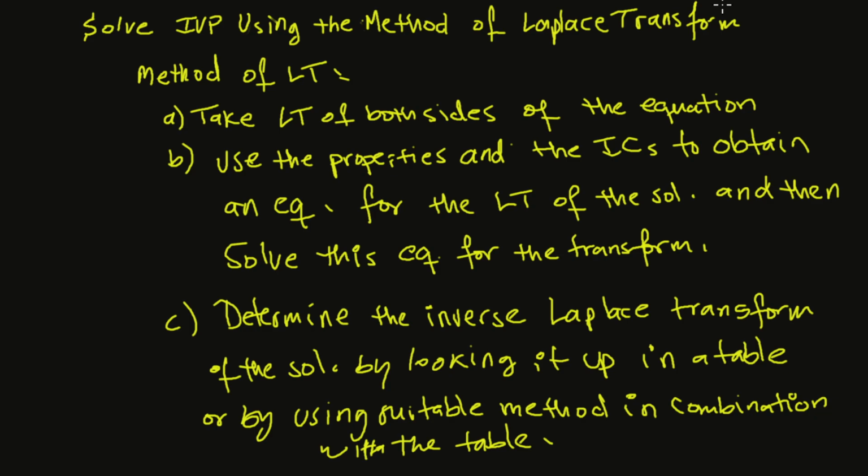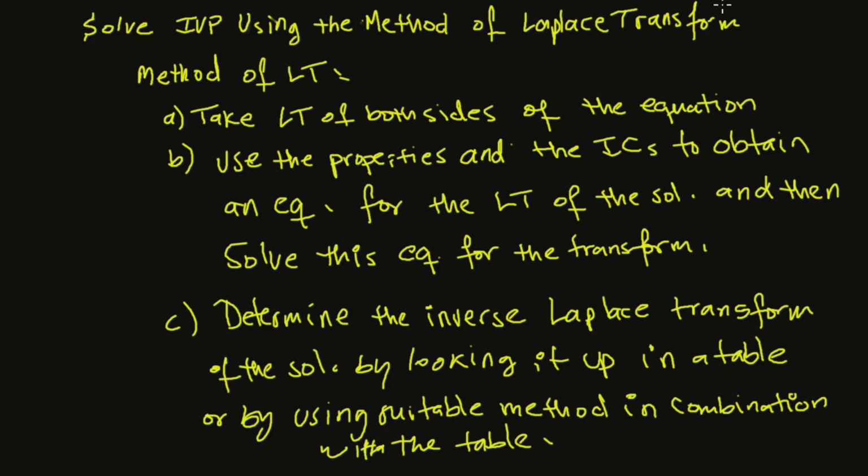Then you use the properties and the initial conditions to obtain an equation for the Laplace transform of the solution, and then solve this equation for the transform. Finally, you determine the inverse Laplace transform of the solution by looking it up in the table we saw, and we're going to expand those tables as well, or by using some method like partial fraction decomposition if needed, with the combination of the table.